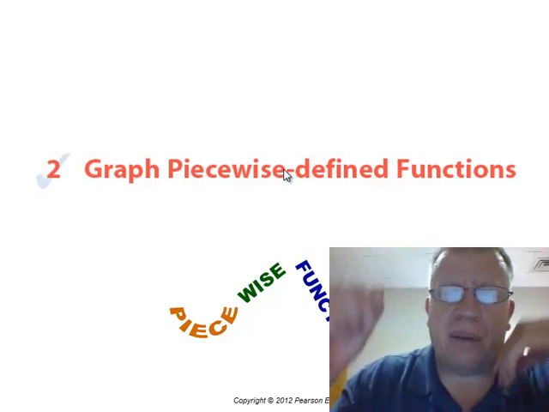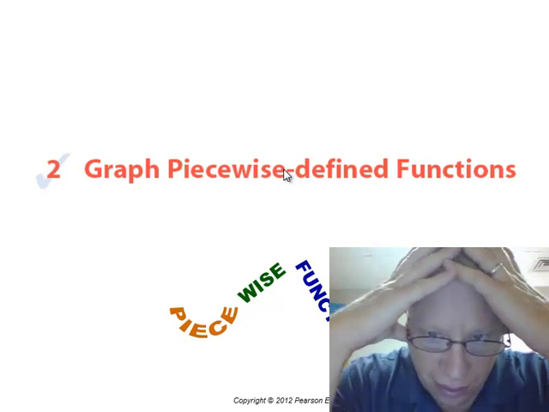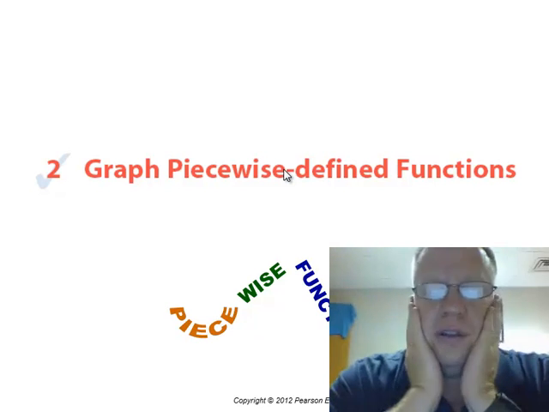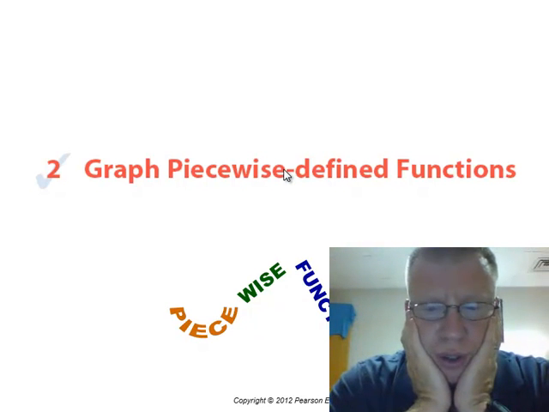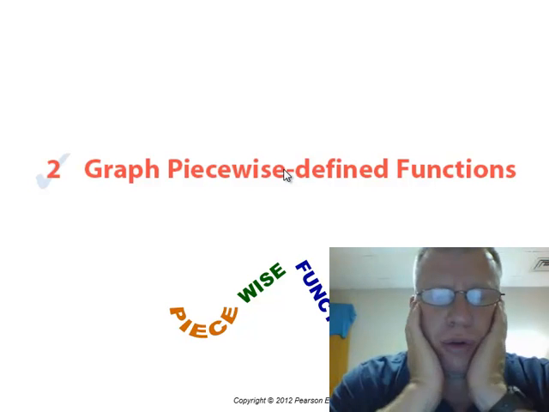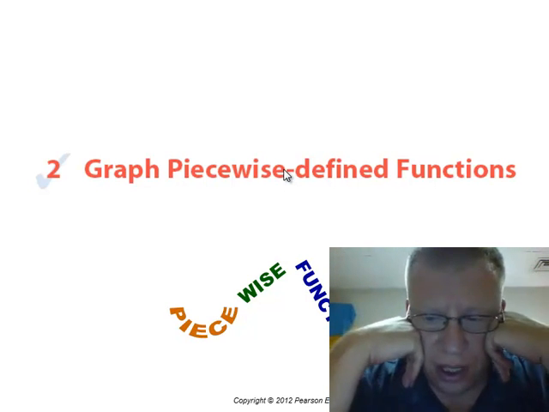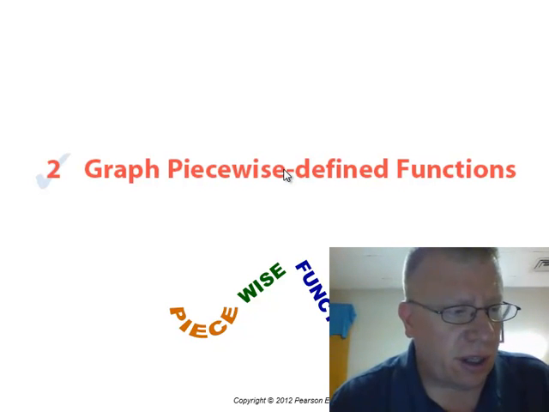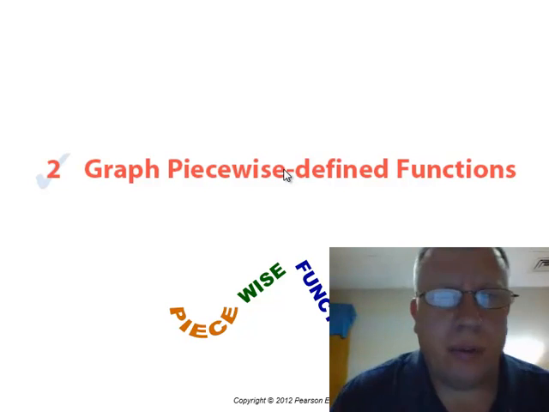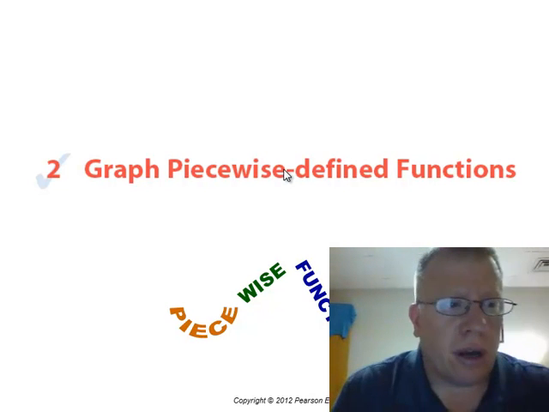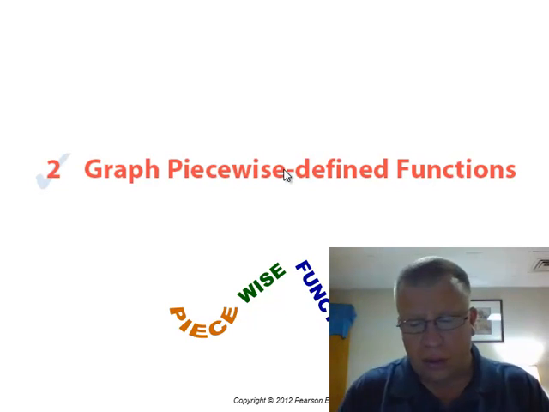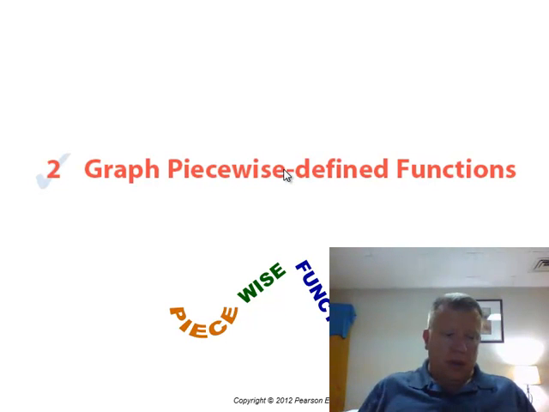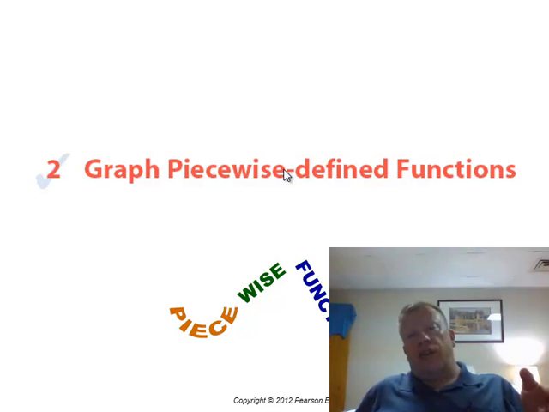Now let's talk about piecewise defined functions. These are our Franken functions, where you can pull together two or more different functions and put them together. And it's not like this is just theoretically interesting with no practical applications. We actually have some real life examples where these things are used. Like, for example, have you ever had a service where the rate that you pay depends on how much you use?